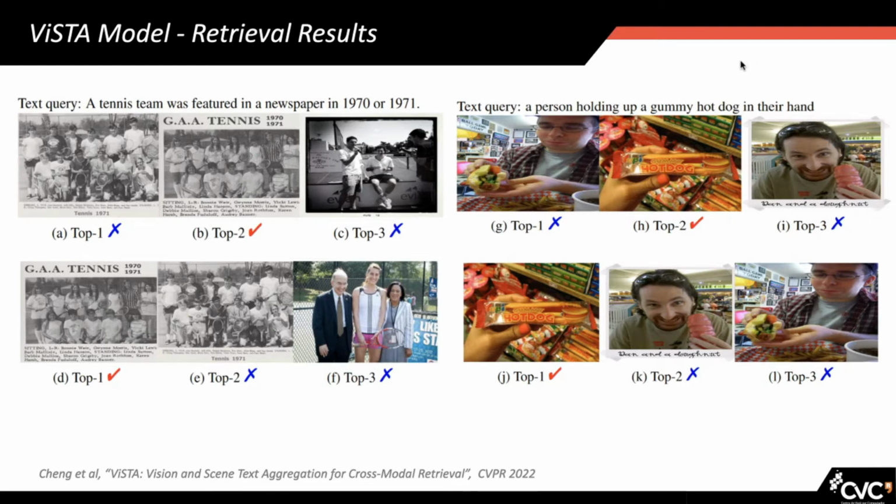Also, on the right, you can see the text query, which is a person holding a gummy hot dog in their hand. So gummy hot dog is very specific, discriminative information that you want to use in your retrieval. And you can see that the top one result does not contain this gummy hot dog specific brand. So eventually, whenever the model is able to read, the performance is way more accurate and fine-grained.